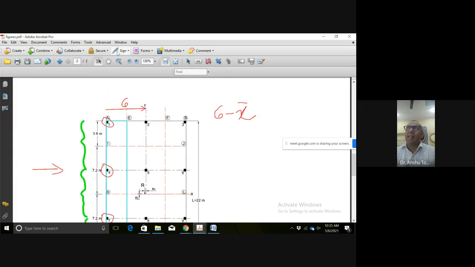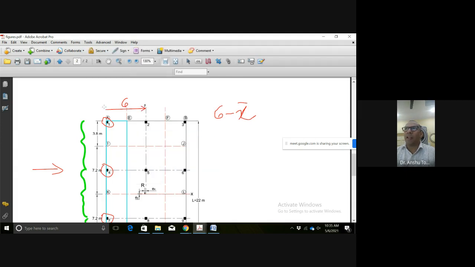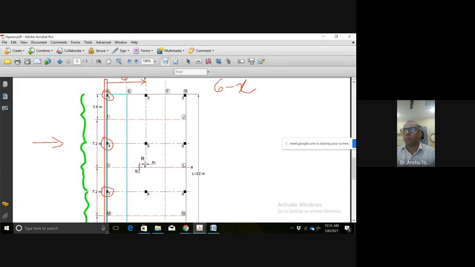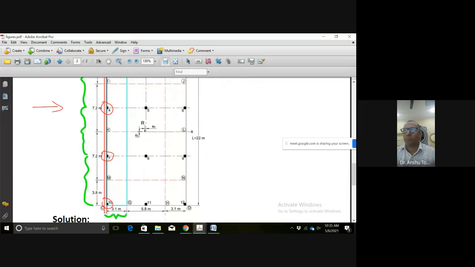Now you can idealize it as a single beam. You can identify it as a beam like this. Similarly, you have converted a surface load into a beam with a particular UDL.